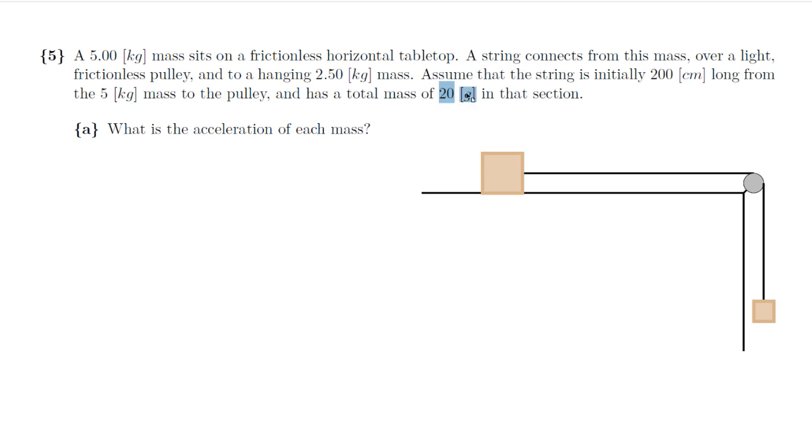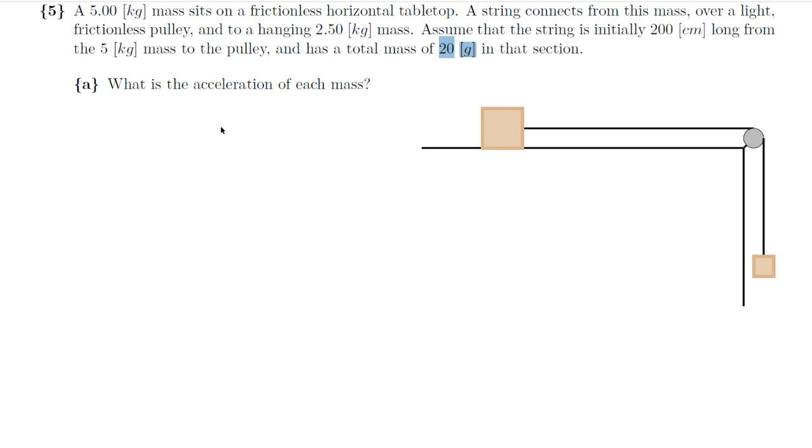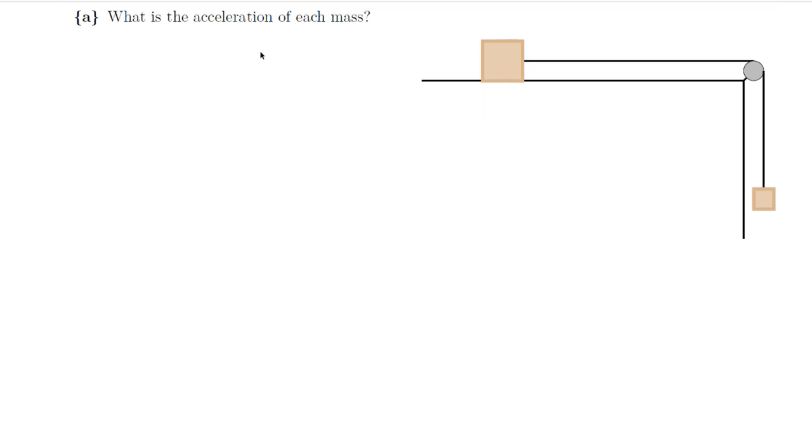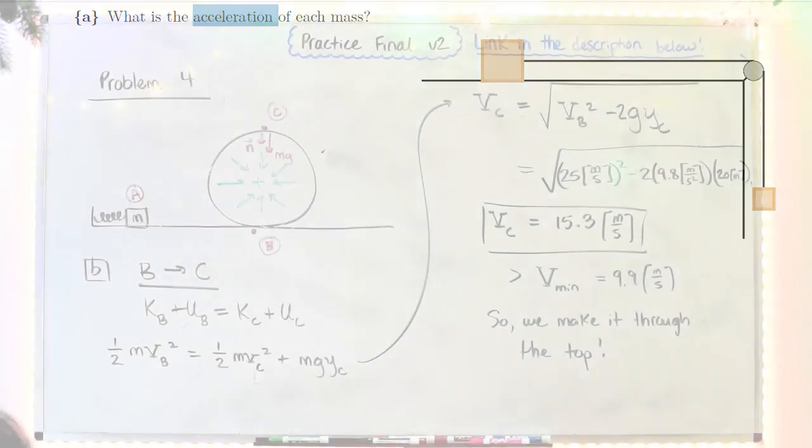But you'll see later why this will matter. For the time being, ignore the string having a mass and a length that we need to consider, and we're just going to ask what's the acceleration of each mass. Now, typical pulley problem. So we just use Newton's laws to solve this.